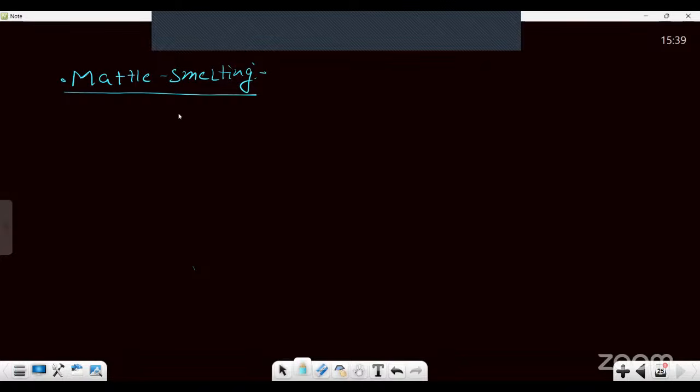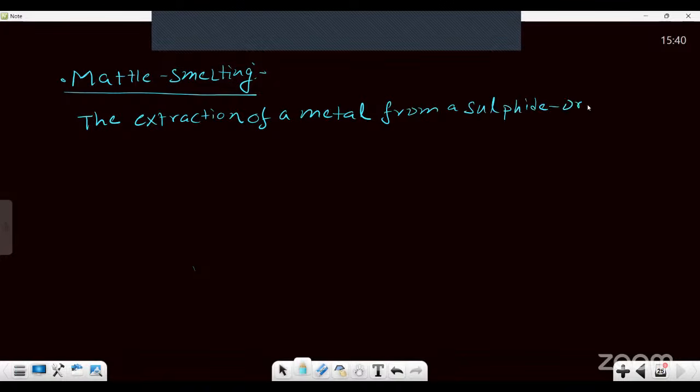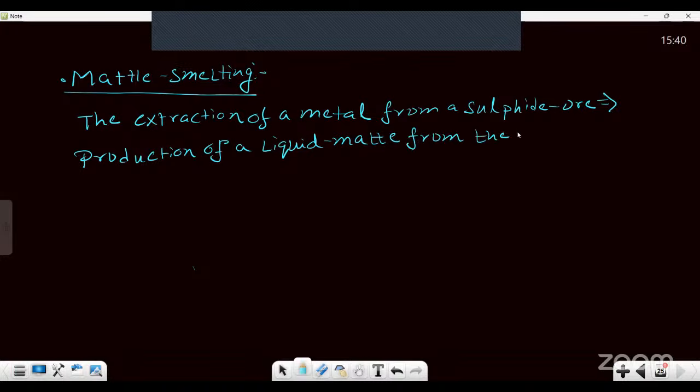That means I can write: the extraction of a metal from a sulfide ore, the production of a liquid matte from the ore, and its subsequent conversion into metal.